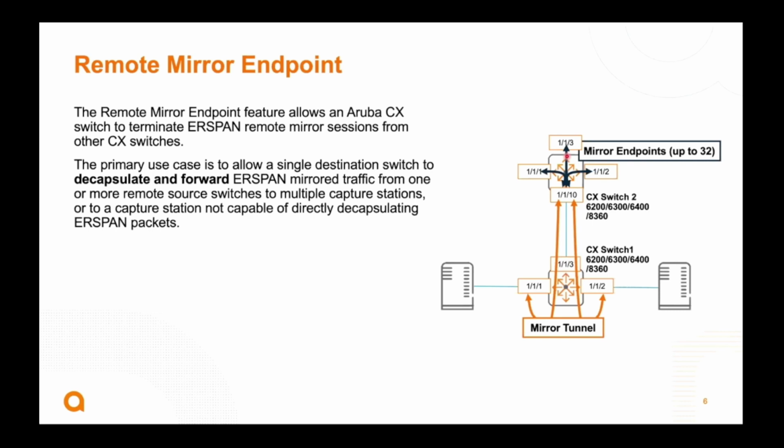So this feature will allow you to terminate that encapsulation before the mirrored traffic actually reaches that utility or application. So it enables you to use remote mirroring to capture traffic from a source switch, even if your application is not capable of directly receiving those packets.